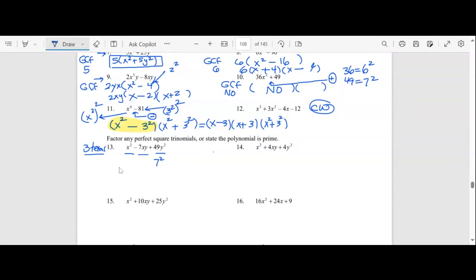Can I say x and x? Yes. Can I say 7y? What about the sign? It has to be what? Negative, because if you do the happy face, you're going to get what? Negative 7xy and negative 7xy. That gives you what?